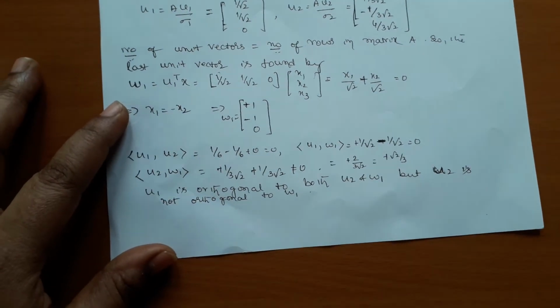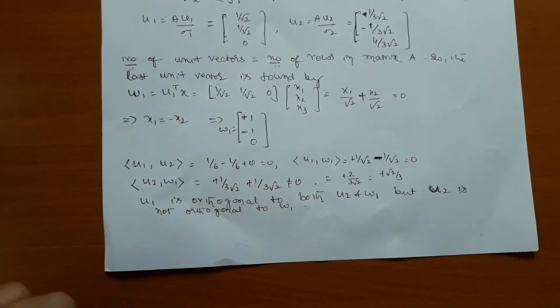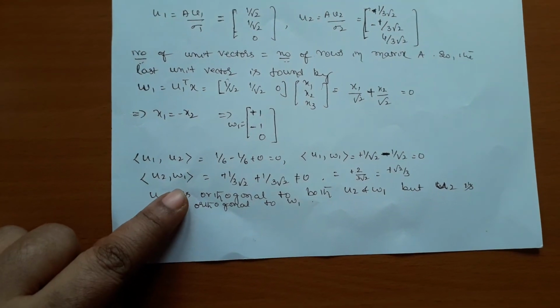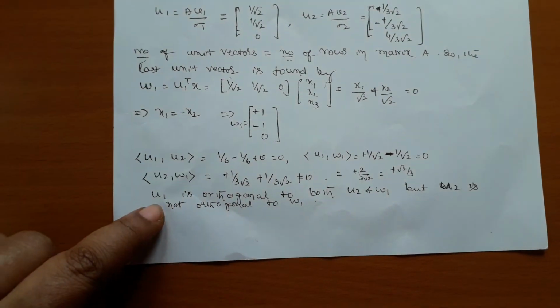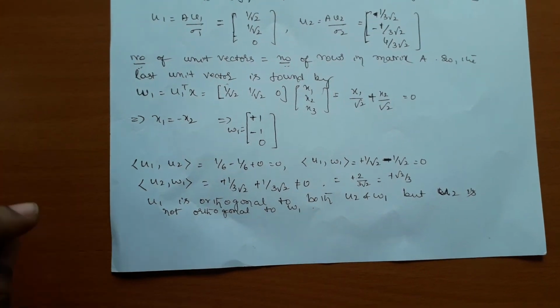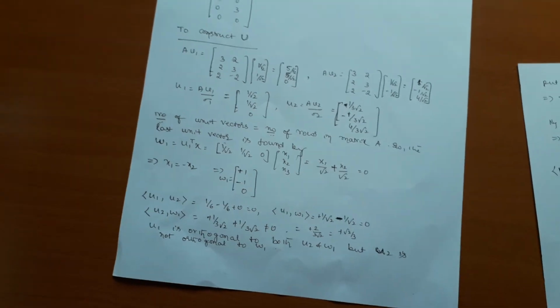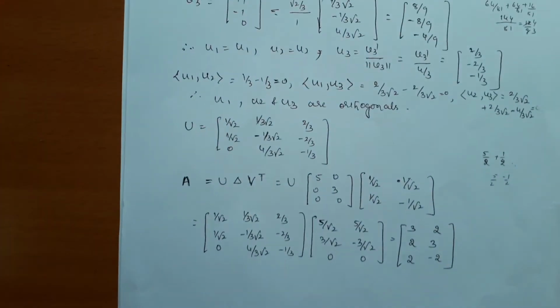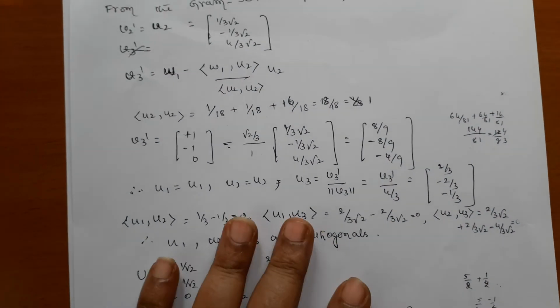Now find the inner product values. The inner product of u1 and w1 is 0, but the inner product of u2 and w1 is not equal to 0. So u1 is orthogonal to both u2 and w1, but u2 is not orthogonal to w1. Therefore you have a problem with w1 and u2, because the inner product of u2 and w1 is not equal to 0.